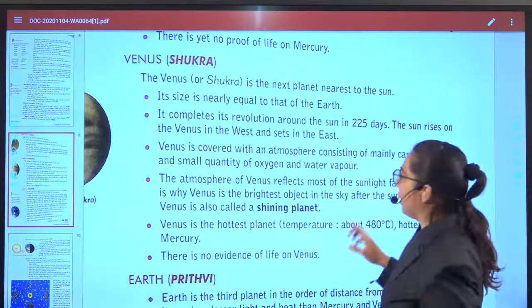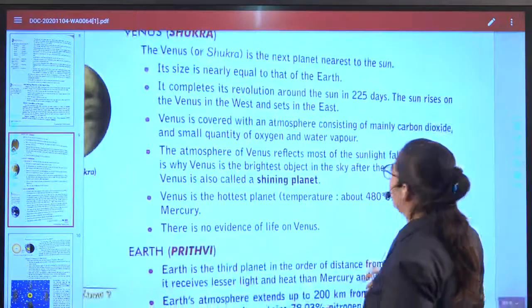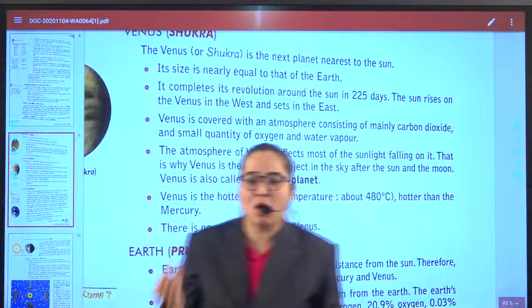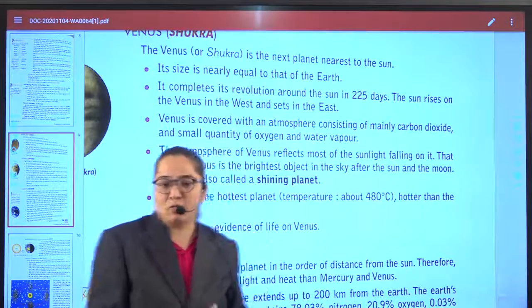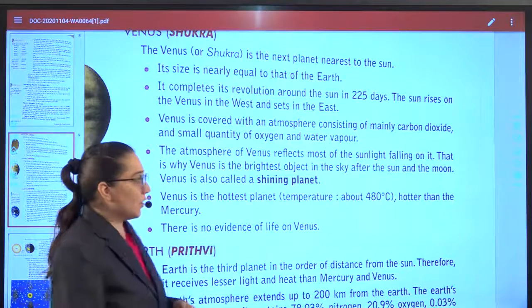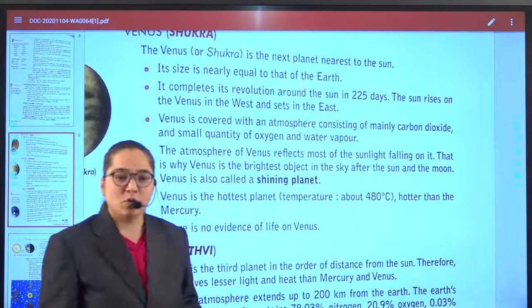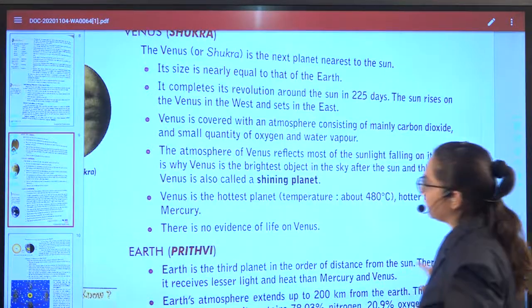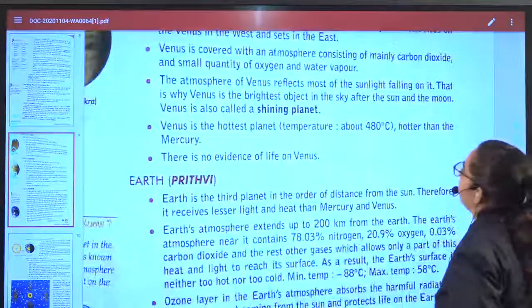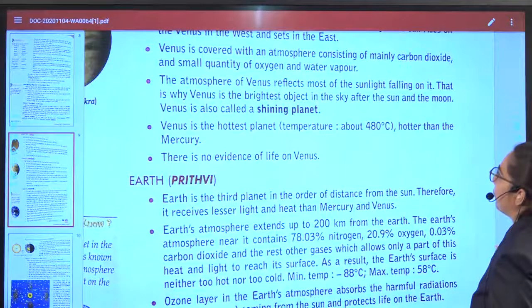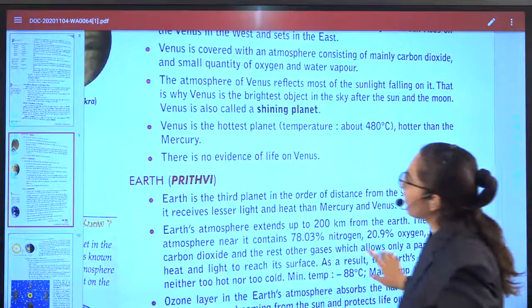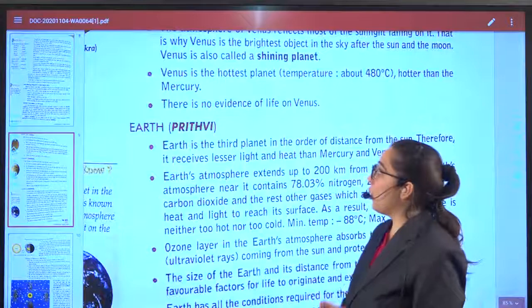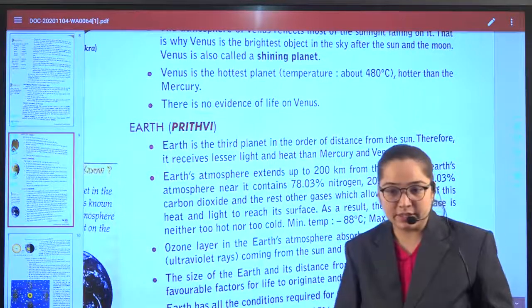Venus is covered with an atmosphere that generally contains carbon dioxide and a very small quantity of oxygen and water vapor. The atmosphere of Venus reflects most of the sunlight falling on it, and so it is the brightest planet. Venus is the hottest planet, and its temperature is about 480 degrees Celsius. And there is no evidence of life on Venus.